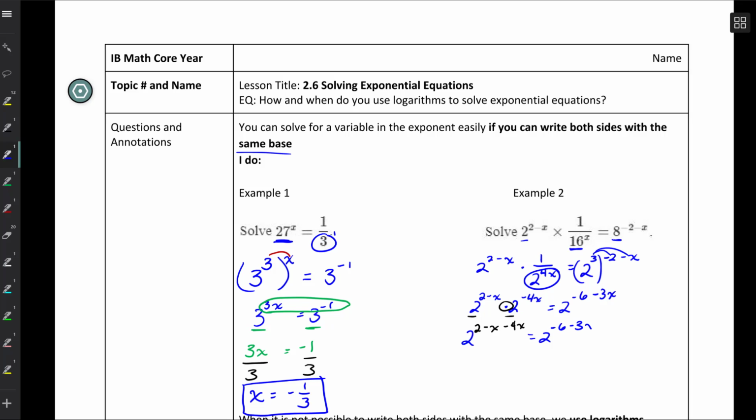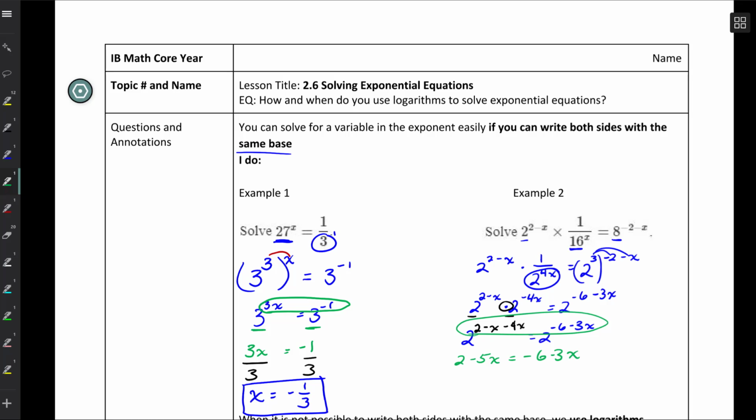The right side doesn't change, there's nothing really left to simplify, but now this is starting to look like what we had in the previous example, where we have two sides with the same base. The only thing I then have to do is focus on the equation that's made by their exponents. So I'm going to go ahead and simplify. This is going to give me 2 minus 5x on the left-hand side, equals -6 minus 3x.